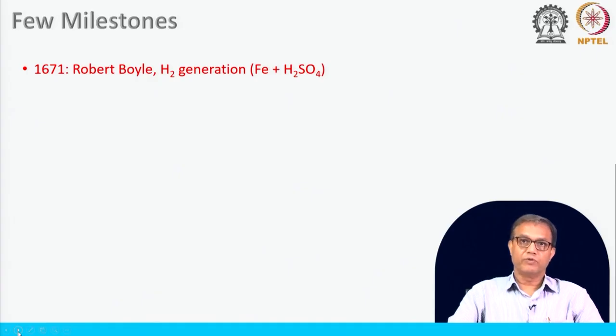invention of hydrogen. When it was first generated, it is known that Robert Boyle generated hydrogen for the first time by dissolving iron in sulfuric acid.